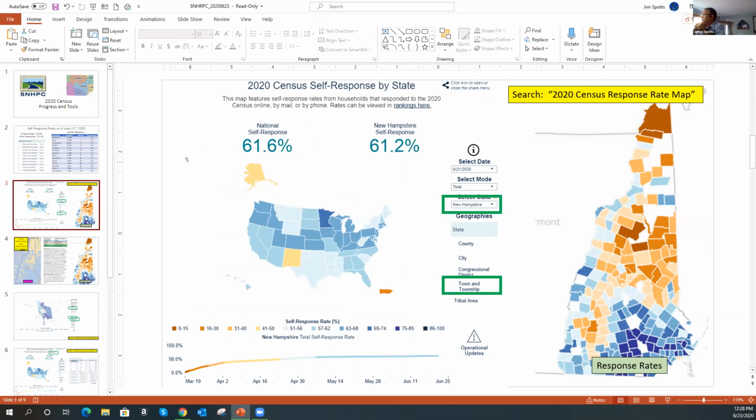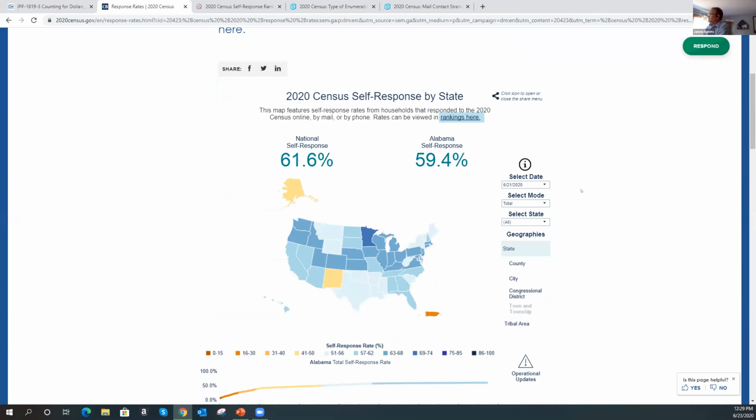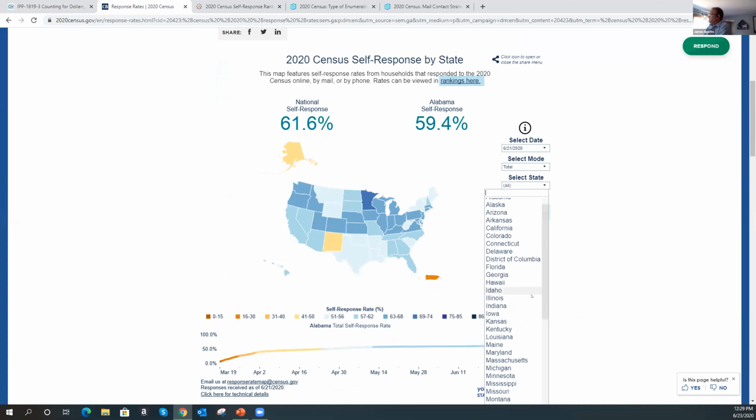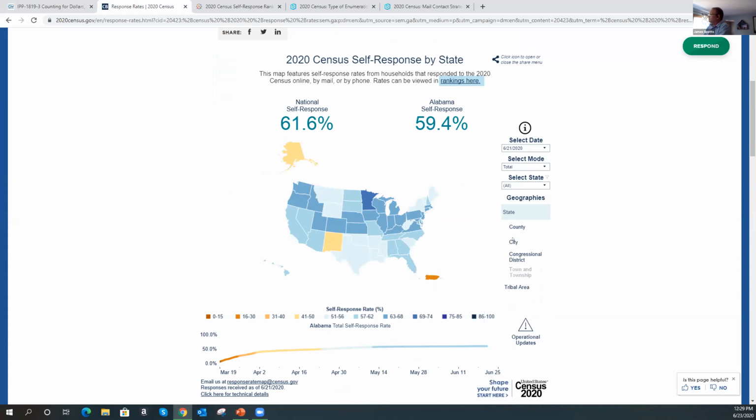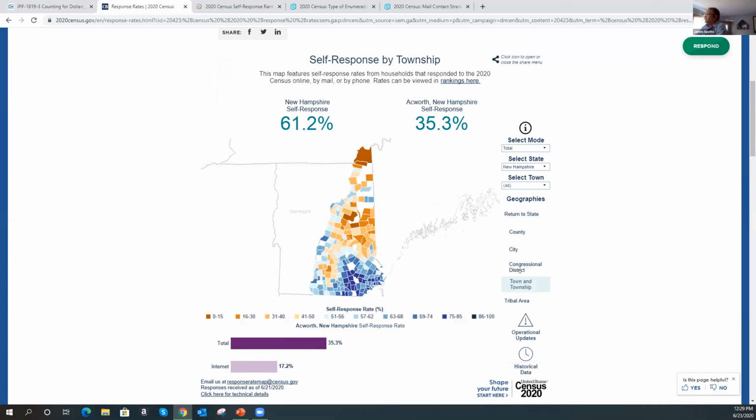The first tool I'd like to present is the 2020 Census Self-Response Rate map. It's a GIS display of self-response rates broken down by community or by census tract. If you Google 2020 Census Response Rate map, it'll take you to this page, where you select the state and then click on town and township. It's not necessarily intuitive because you don't have a checkbox by some of these choices.